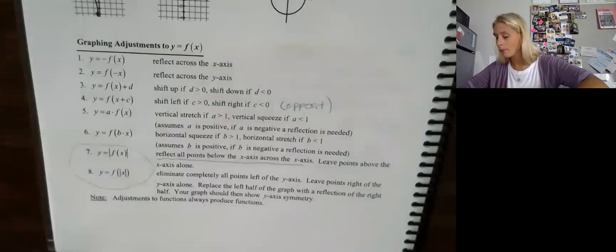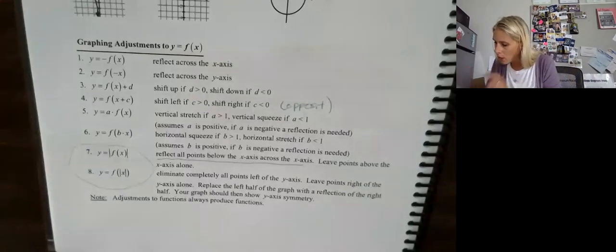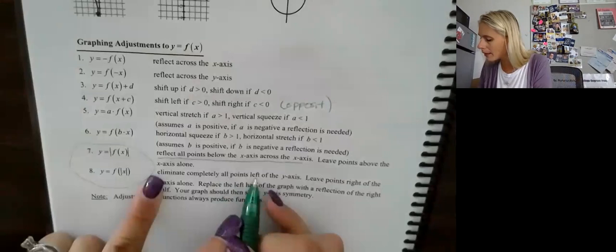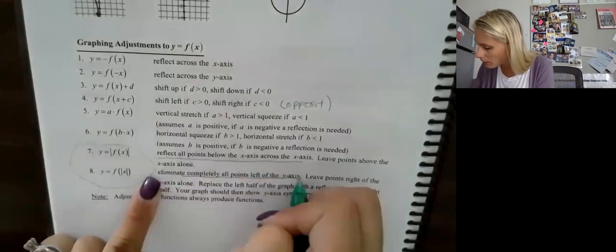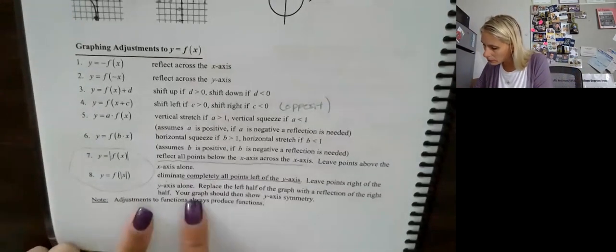We'll show you that in a minute. And then if the absolute value is on the inside, eliminate completely all points on the left side of the y-axis. So completely, okay. Leave all points.